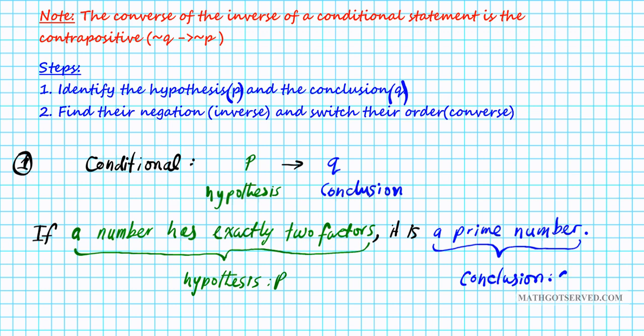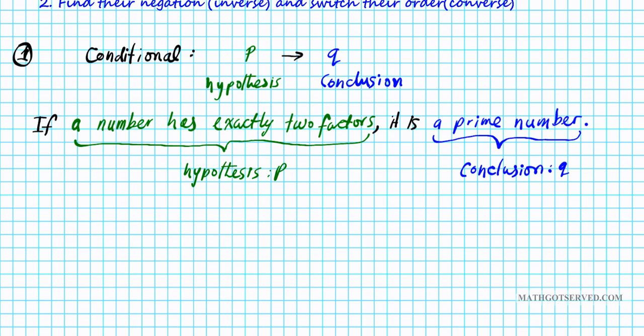Now what are we going to do? We're going to negate both of them and switch their order. So how do you negate a statement? Well, we basically change is to is not, has to does not have. That's how you find a negation of a statement. So let's start with the hypothesis.